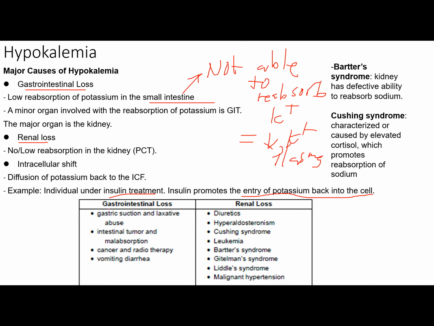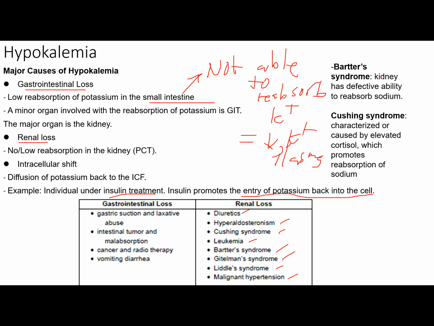So under gastrointestinal loss, we have the conditions gastric suction and laxative abuse, intestinal tumor and malabsorption, cancer and radiotherapy, vomiting, and diarrhea. For the renal loss, we have your diuretics, hyperaldosteronism, Cushing syndrome, leukemia, Bartter syndrome, Gitelman syndrome, Liddle syndrome, and malignant hypertension.